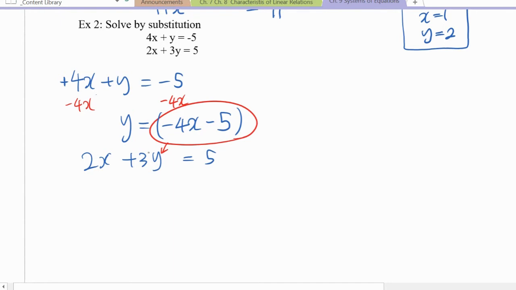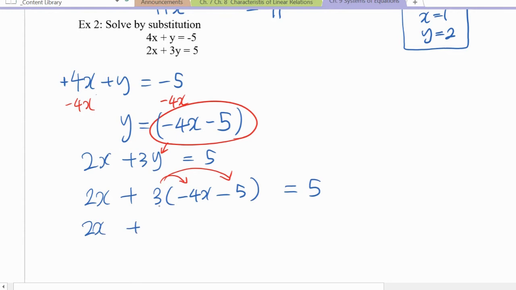So instead of writing y, we're going to use negative 4x minus 5 because y is the same as this bracket, right? Then 2x plus 3 times (negative 4x minus 5) equals 5. So now we have only one variable and one equation. So let's distribute it.